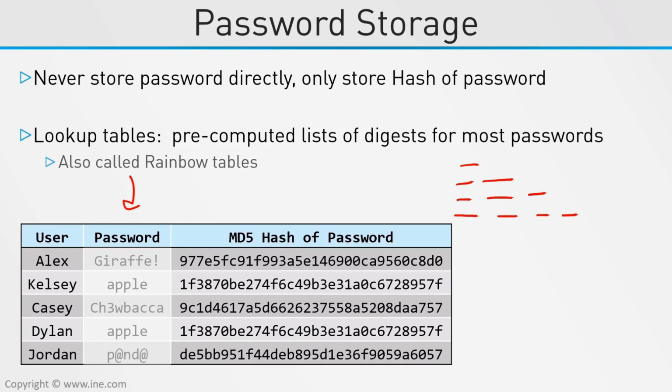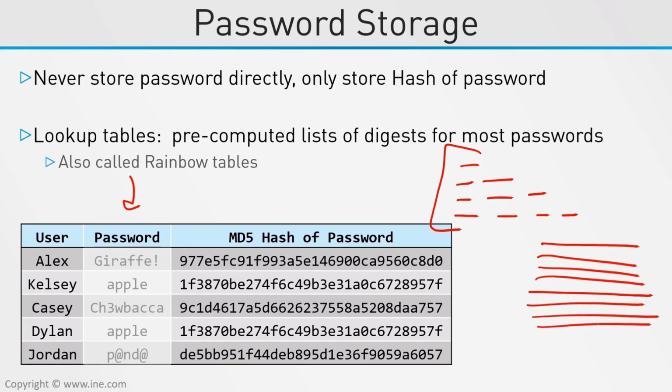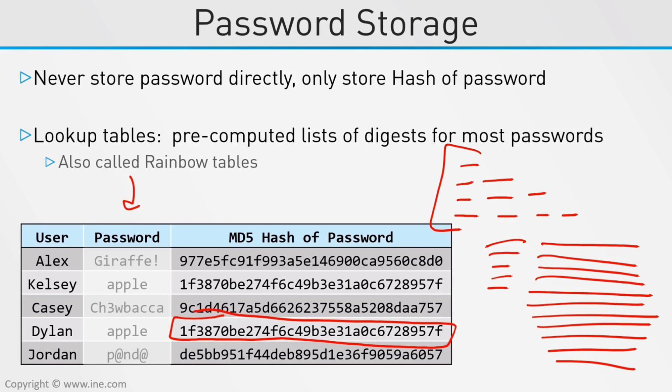Which means at some point in time, if an attacker started creating this lookup table, they're going to have a list of every single digest for all character passwords and the original word that created that password. Then, if your password hash file gets compromised, all the attacker has to do is look up a digest in their table to find the original word that created that digest.